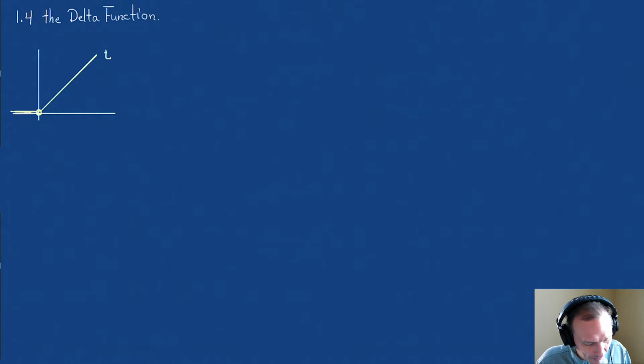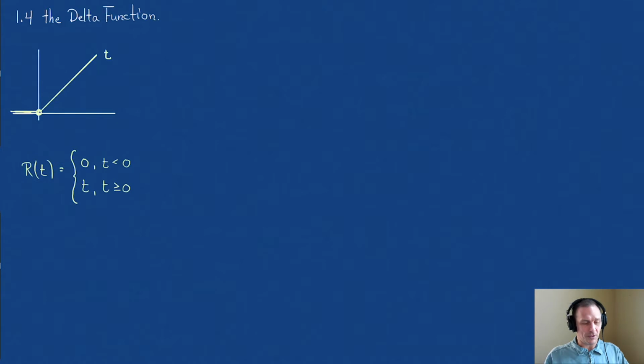This is called the ramp function. Using an r to denote this, r of t is 0 when t is less than 0, and it's t when t is greater than or equal to 0. That is our ramp function.